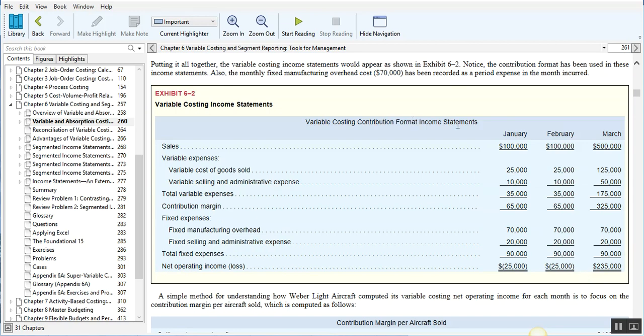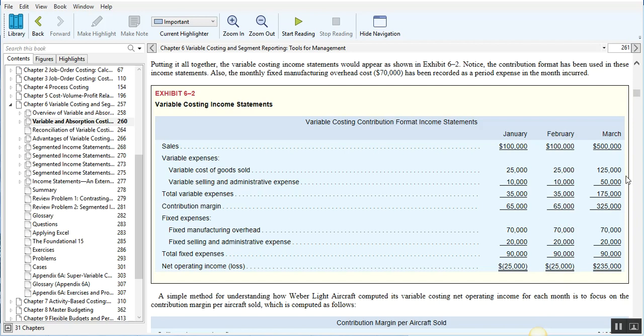So what we have here in January, we have $100,000 in revenue. We have all these variable costs here, $65,000. But with our fixed costs of $90,000 coming out, we have a net loss of $25,000. And since we sold the same units in February, we'll have the same loss in February.